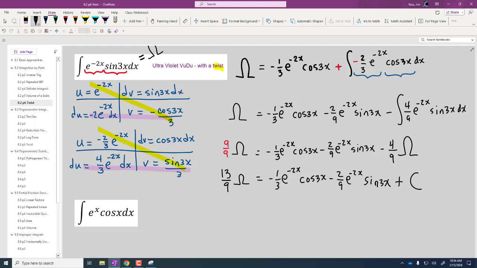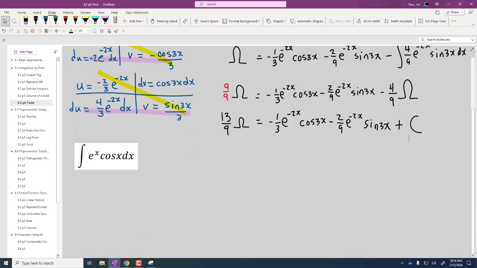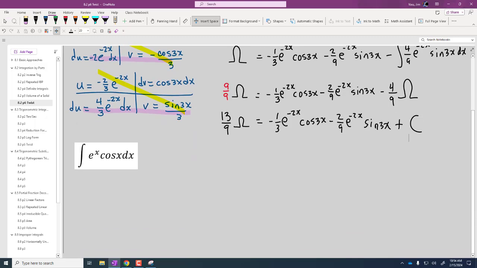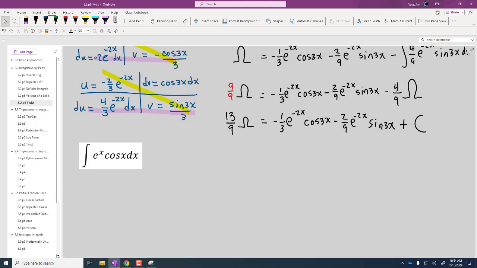And we are a stone's throw away from completing it. What is the very last step for this Algebra 1 problem? We just want to isolate omega. We want 1 omega. The goal is to solve for 1 omega. We want to know what omega is equal to, so we multiply both sides by 9/13.